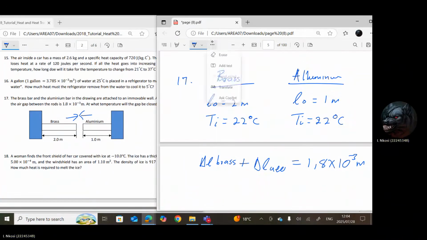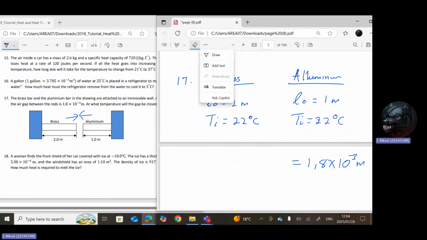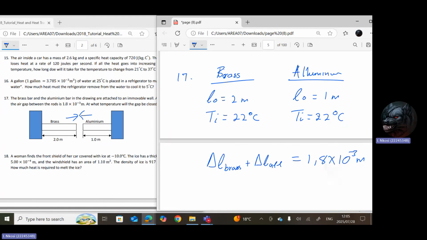So that's your equation here. Also, you have to understand that the gap will only close when the brass and the aluminium have changed their length to the final temperature. So change in length for the brass plus change in length for the aluminium is equal to the gap. Only the change in length.